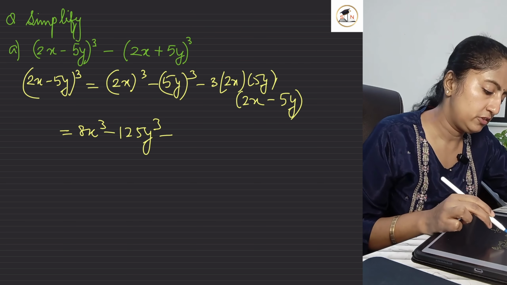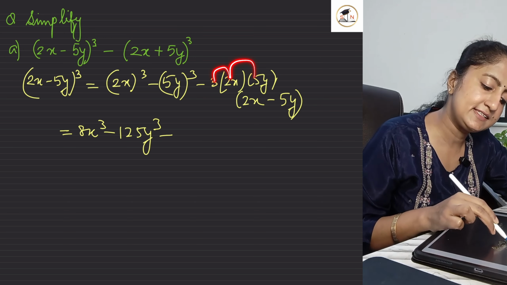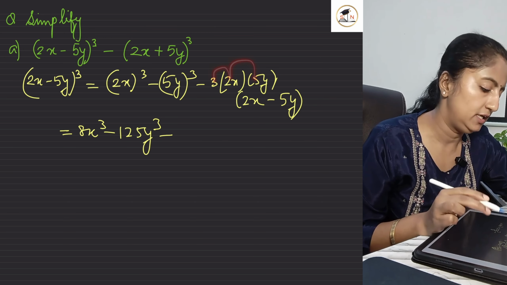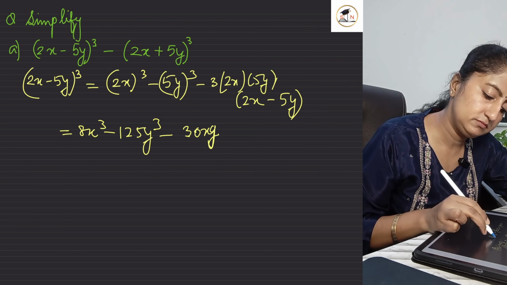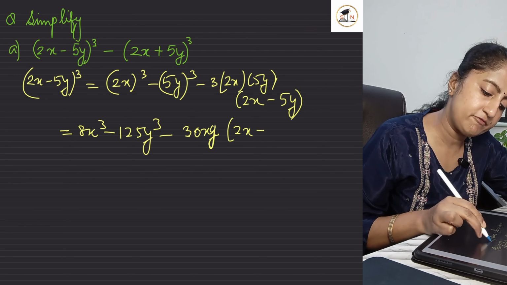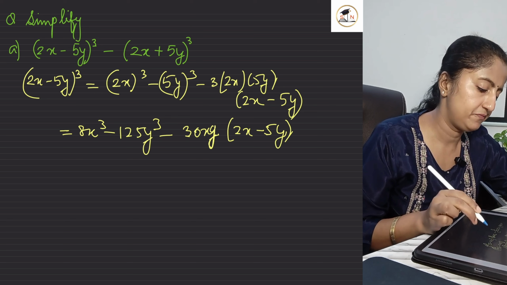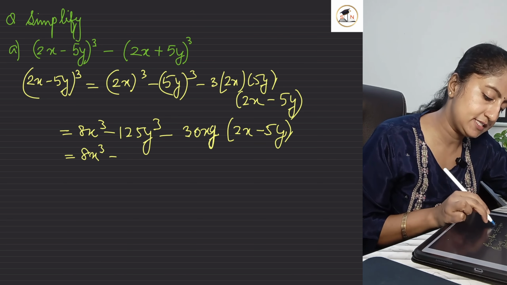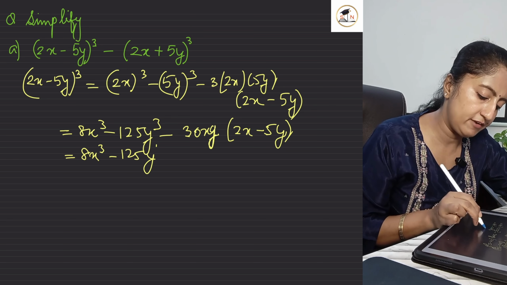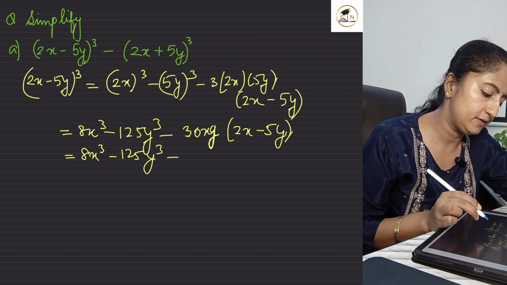Now 3 into 2, 6, 6 into 5, 30, right? So we have 30xy outside. Inside we have 2x minus 5y, right? So now expanding at the final step, 8x cube minus 125y cube. Now what do we get?